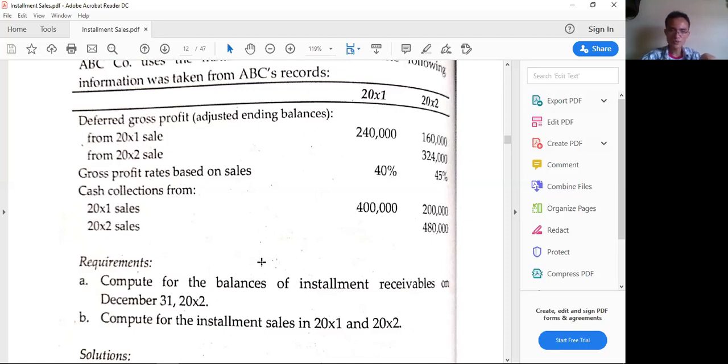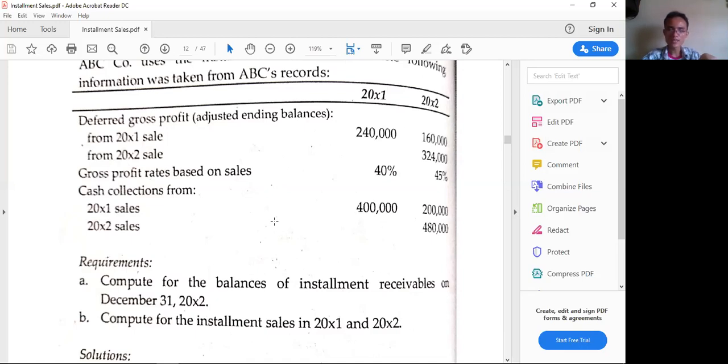Anyway, for the balances of installment receivables, we are given the DGP ending and it's adjusted, meaning this is after the realization, which is based on collections. If we add back the realized gross profit to the DGP, we get the DGP beginning.